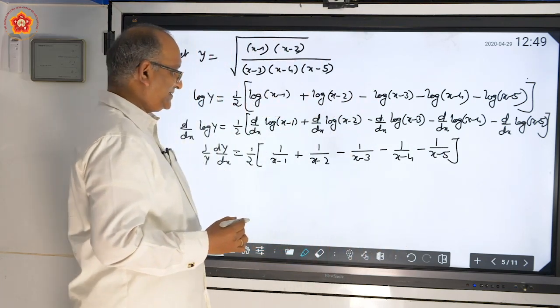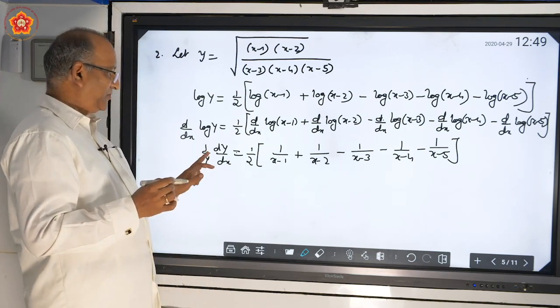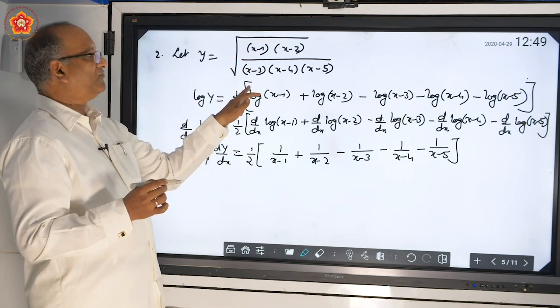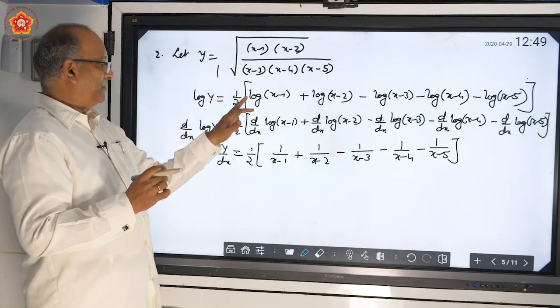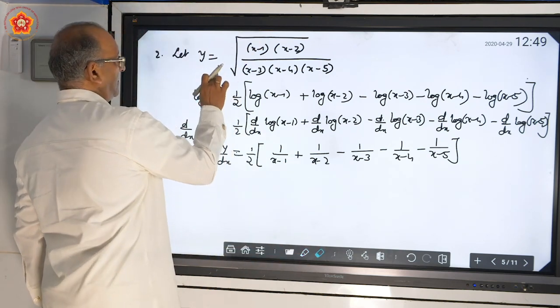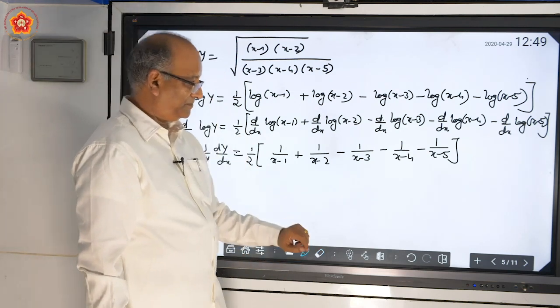And this is the answer. Only thing is, while writing answer, you have to take y to the other side. So it will become y by 2. And what is y? The whole function. This whole function is part of the answer. So this will be the answer for this particular problem.